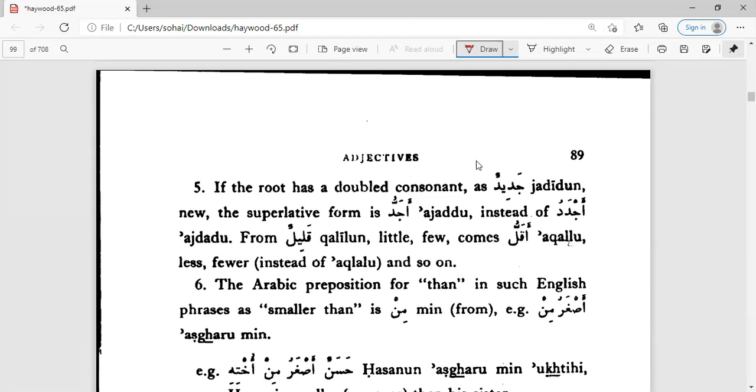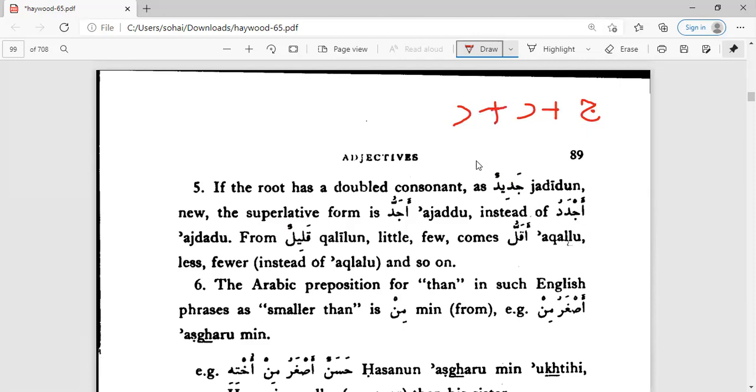So it's saying that if the root has a double consonant, which means here the root is jadidun, the root is double, right? Jim, dal, dal. The three root letters, but dal comes twice. So normally you would add alif, and it becomes ajdadu.